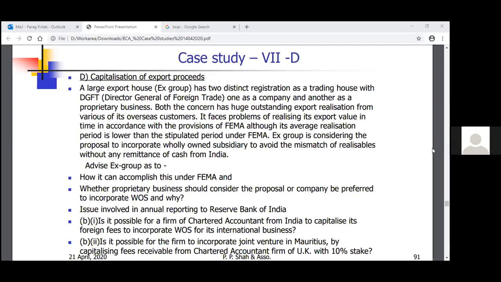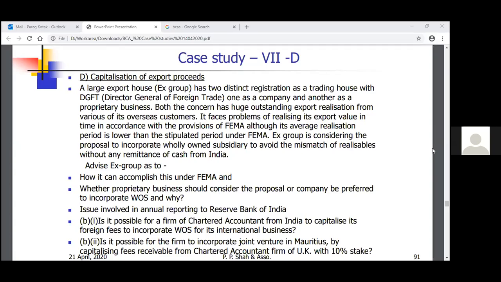That was the question. Now the answer can be attempted in the following manner: when we look at notification 120, regulation 11, it allows you to capitalize the export of goods and services of some nature to the foreign subsidiary or a joint venture. So you need not consider the receipt of payments against this particular export to the foreign company.